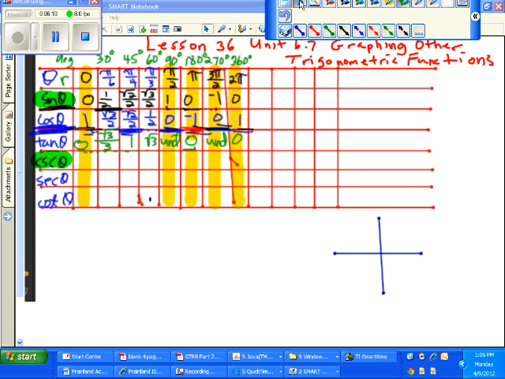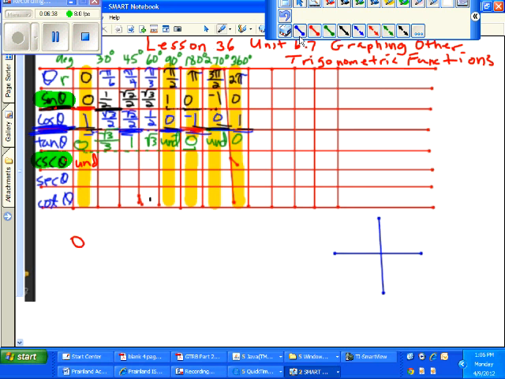So we should be able to take those sine values and reciprocate them to get the cosecant values, right? Okay, so here we go. What is the reciprocal of 0? Undefined. The reciprocal of 0 is undefined. So cosecant 0 is undefined.